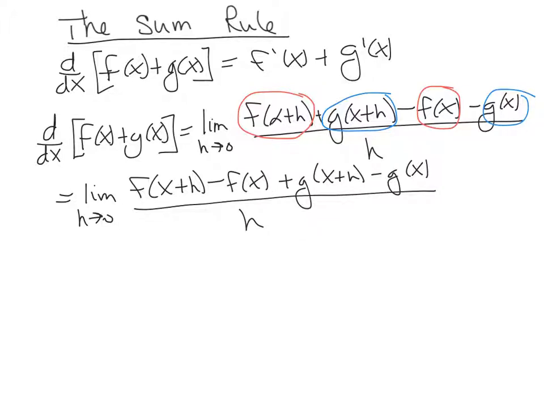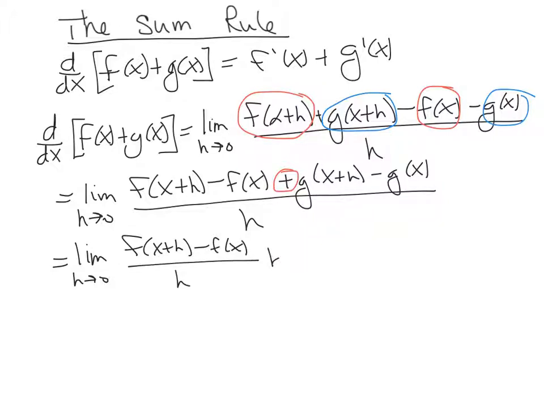Now we can split this across our addition sign into two separate fractions. So this is the limit as h approaches 0 of f of x plus h minus f of x divided by h plus g of x plus h minus g of x divided by h.